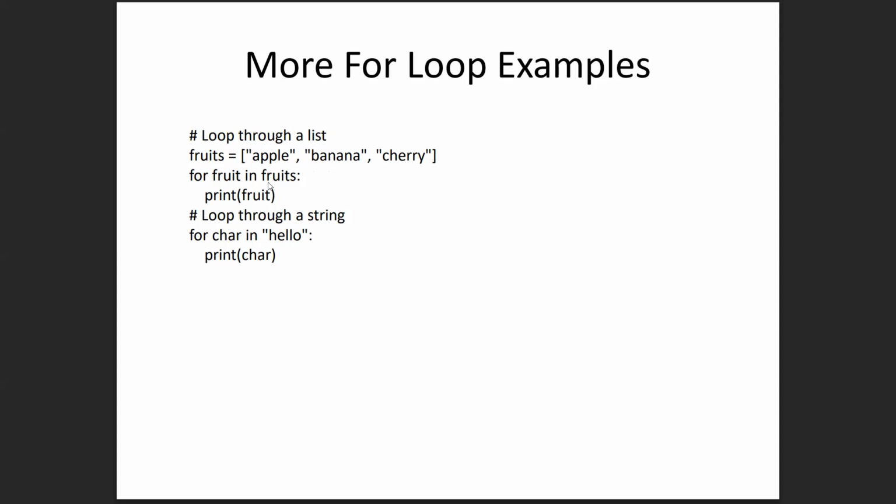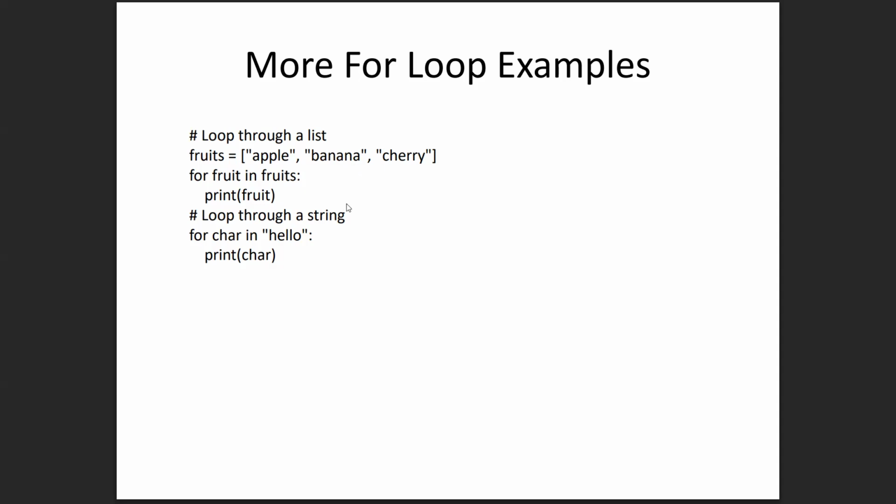Whenever you do this, it will automatically enter the loop and iterate through the list. Index 0, 1, 2. So print fruit goes to the print statement. First it will print apple. After that it automatically moves along the sequence, comes to banana and prints banana. After that it comes to cherry and prints cherry.